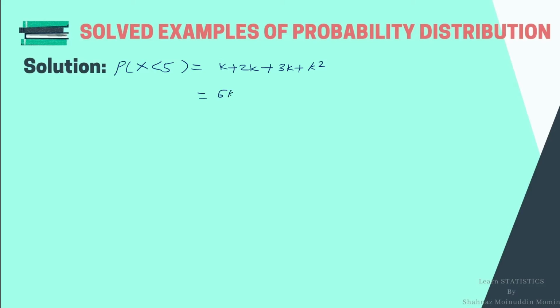So it is 6k plus k square. We have already calculated the value of k. Substitute that value of k. By substituting the value of k as 1 by 8, we get 6 by 8 plus 1 upon 64.